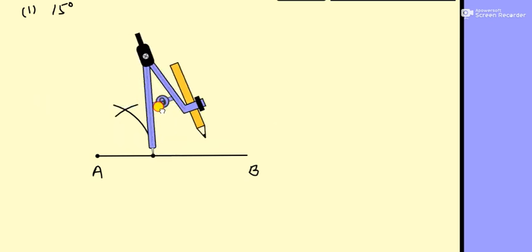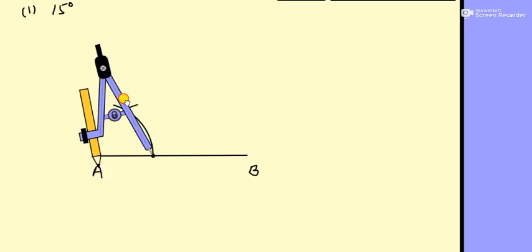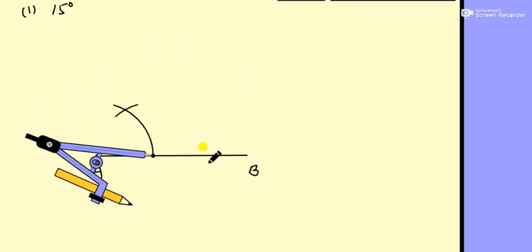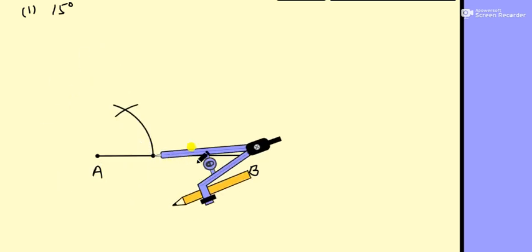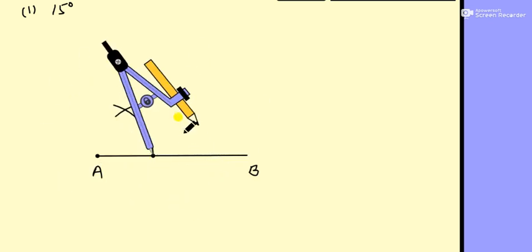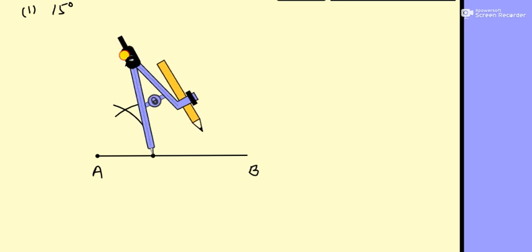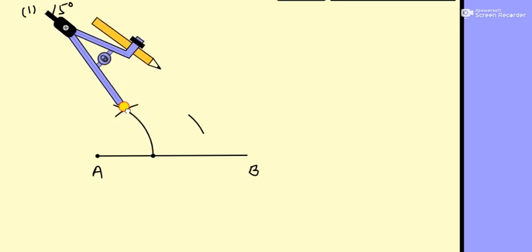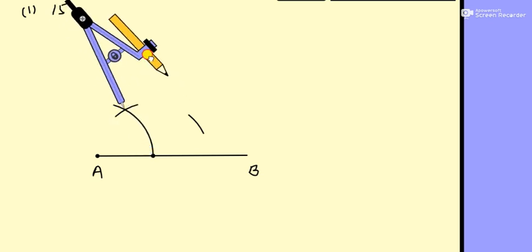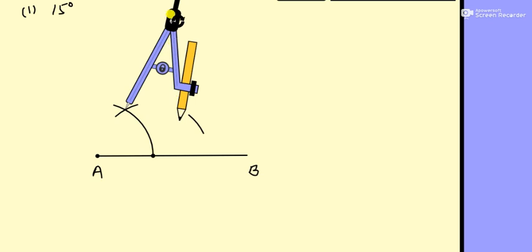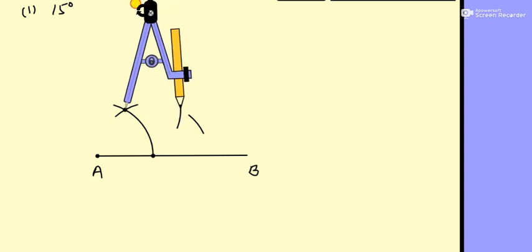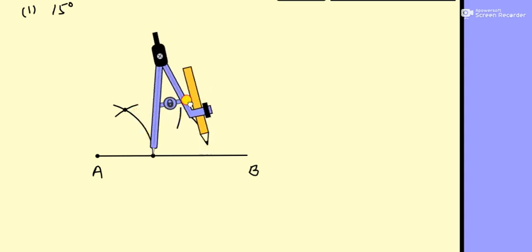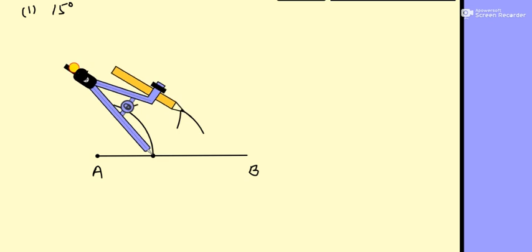Here you can make the arc. Yes, now make this type of arc, and once again put this one here, and the pencil is here. Make a second arc like this, so both intersect like this.